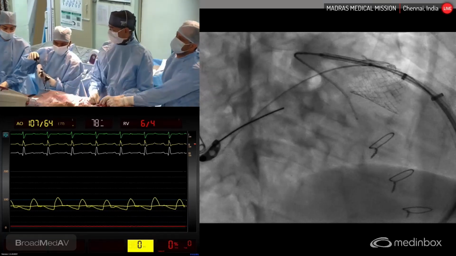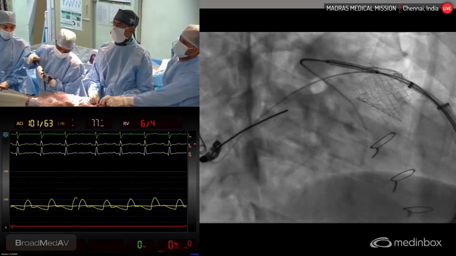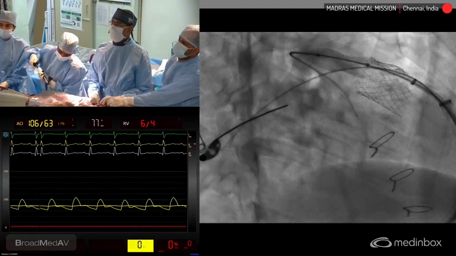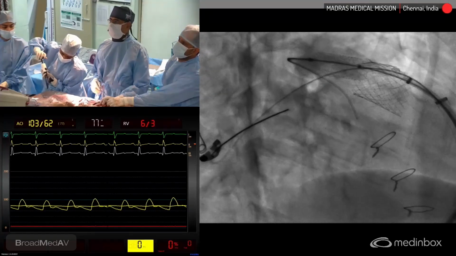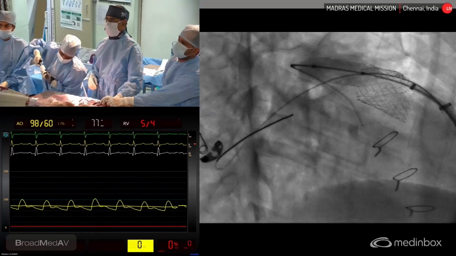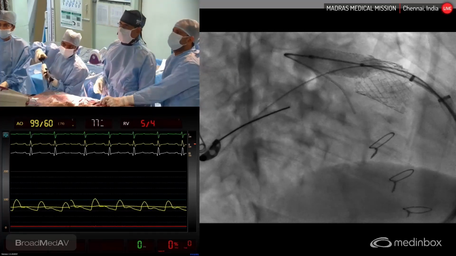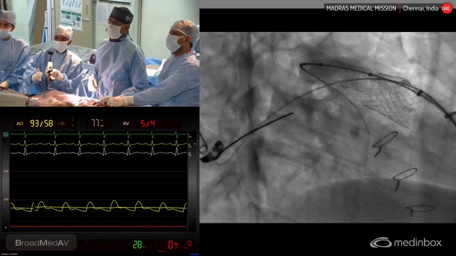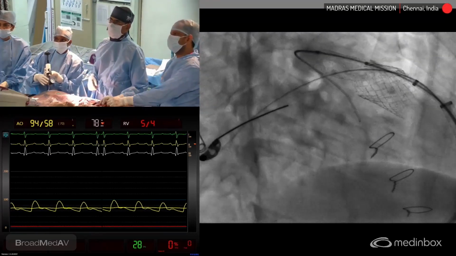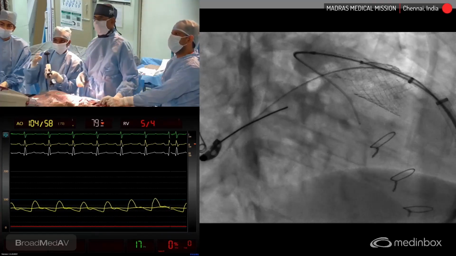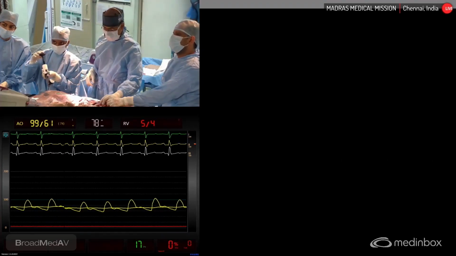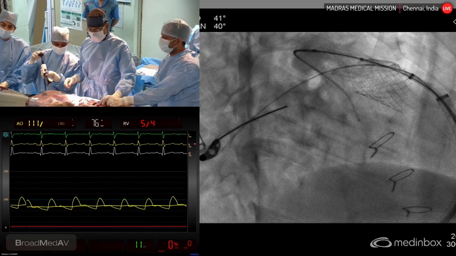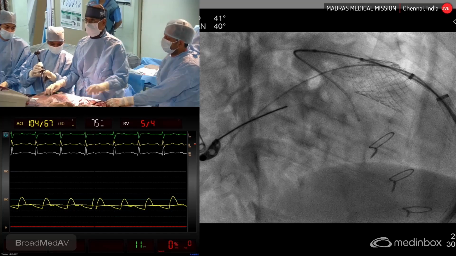Can you go to 12 atmospheres? Yeah. 12, 12. Deflate. Okay. So now I'm going to remove this formula balloon out and then do a check angiogram.